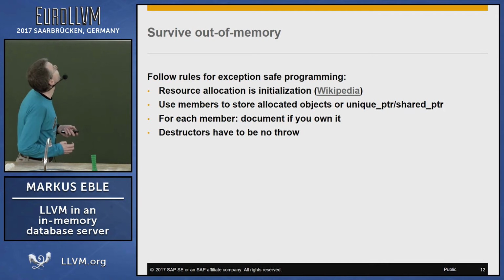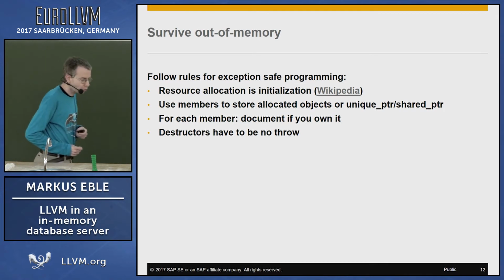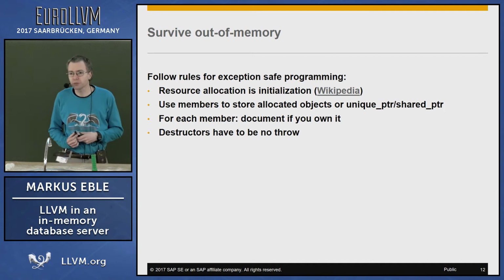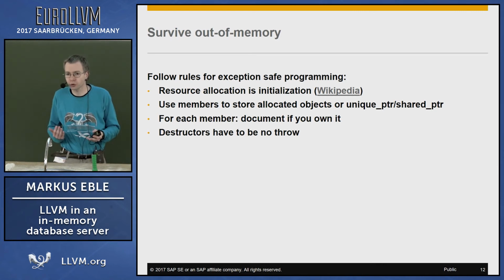The out-of-memory problem is much more complex for sure, but the basic principle is also known since years. It means you have to do exception-safe programming. You have basically everywhere in your program to be ready that an exception may occur. And the main paradigm to handle this is resource allocation is initialization.